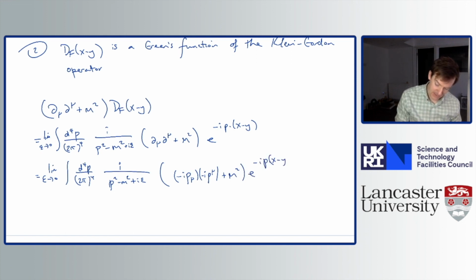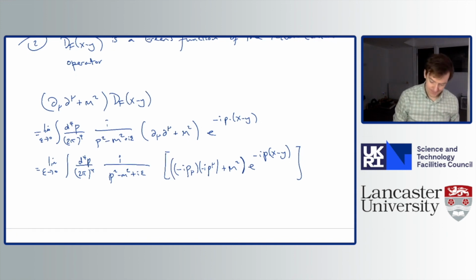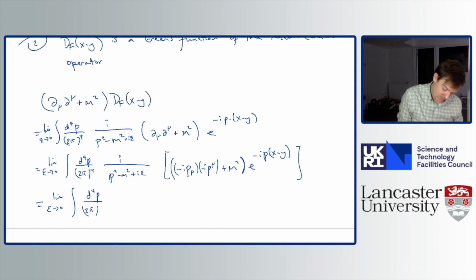I still have the exponential function inside the big square bracket. And we can simplify this a little bit, because we're going to end up with a factor of i, a factor of minus p squared plus m squared, and the exponential.